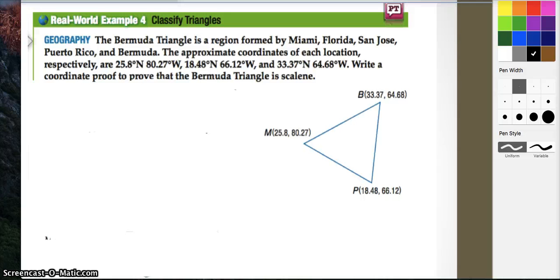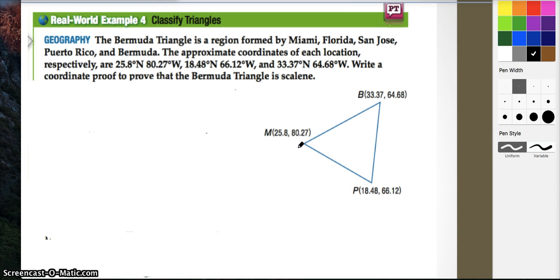I wonder how you would do that. Now we remember scalene triangles are triangles where all the sides have different lengths. So we need to figure out the length of each of the sides. I'm just going to tell you this, I'm not going to go through the whole thing.